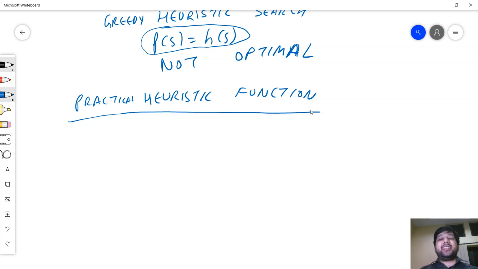I give a question every year in AI, and I can only give solutions till depth 3, 4, 5, 6, and 7. After that, the number of states explodes. So you either run out of memory, or if I say use limited depth first search, iterative deepening, you run out of time very quickly.